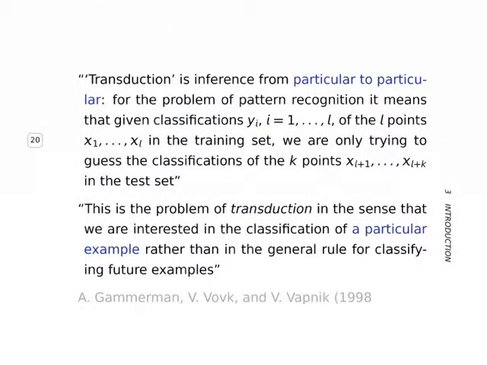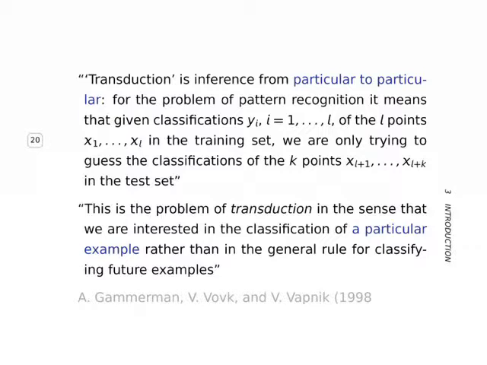If I quote a paper by Vapnik, then he said that transduction is inference from particular to particular. So basically, his model of transduction is that you have a set of observations, y1 to yl, with x1 to xl, and you want to guess the classification of the next, k equal 1 typically, observation without going into a model.